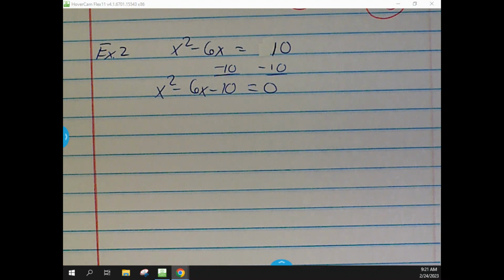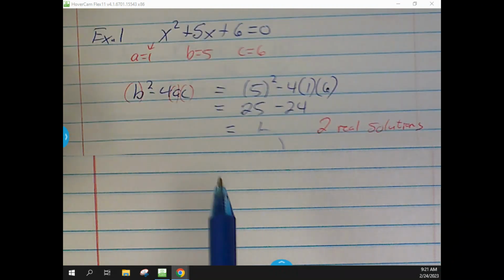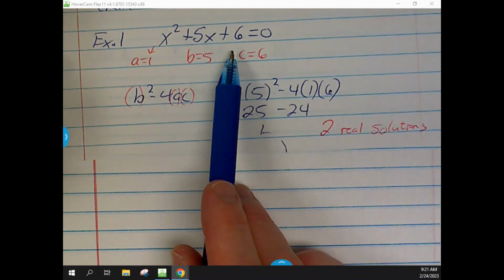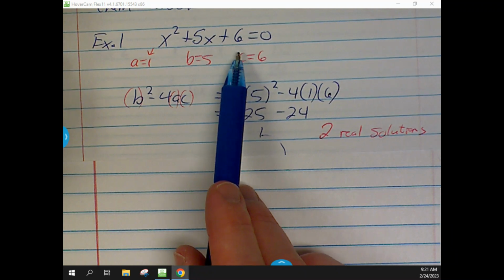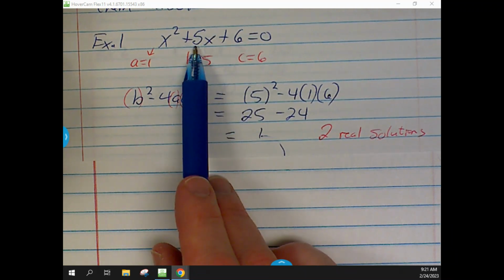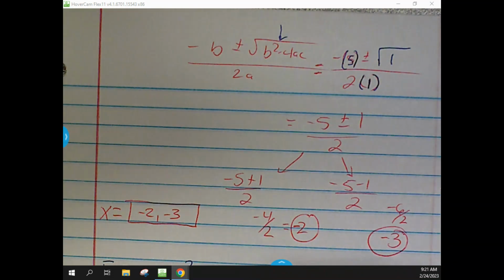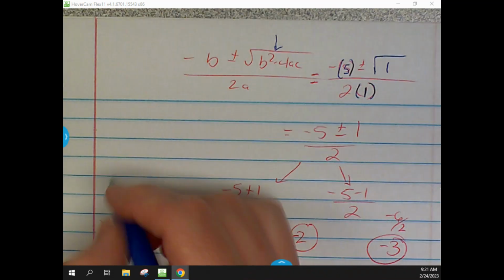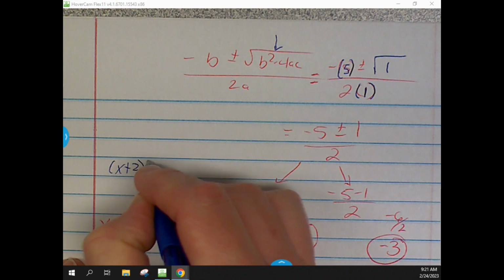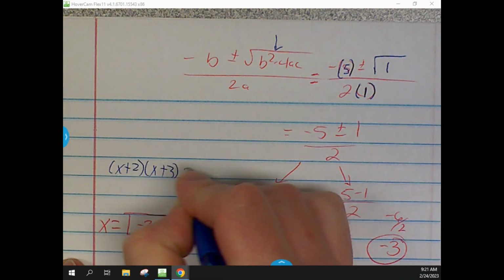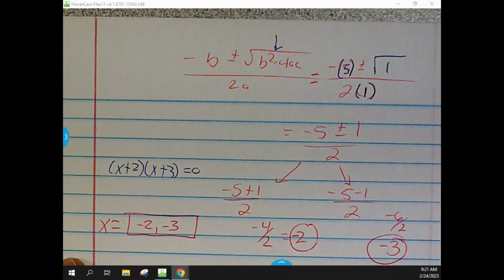Okay. Now, even if they tell you to, and this is something we didn't do back here, could you factor this thing? Are there any factors of 6 that add to 5? 2 and 3, right? So we could have just factored this thing back here and had x plus 2 and x plus 3 and set that equal to 0, and then we'd have gotten the negative 2 and negative 3, right?